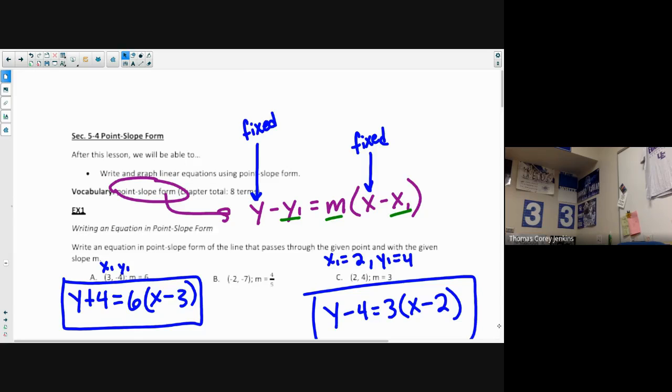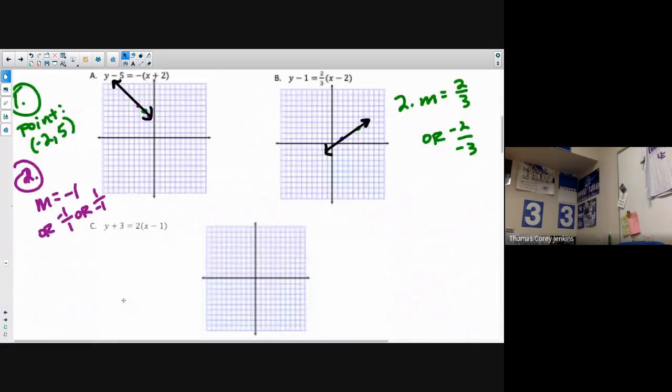All right. Example 1 goes through how to sub in, given a point and given the slope, to make a point slope equation. Example 2 is more like something you might see on a test. If I give you a point slope equation, you're able to graph it.